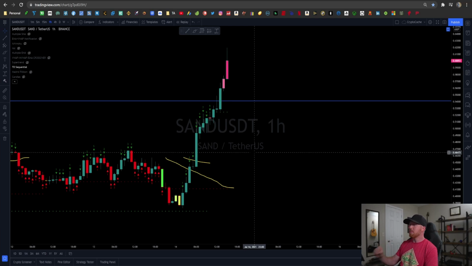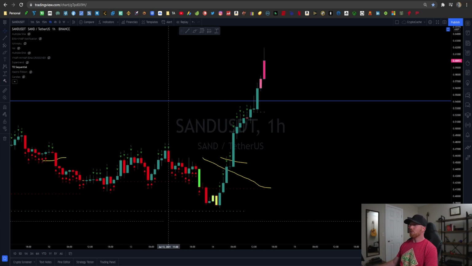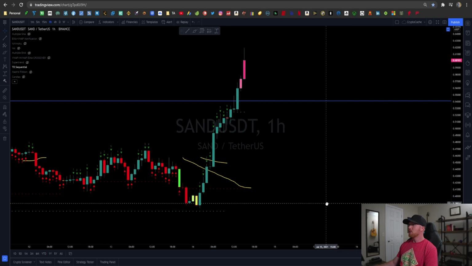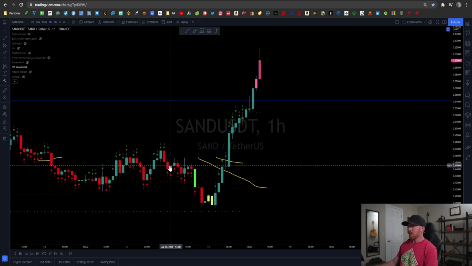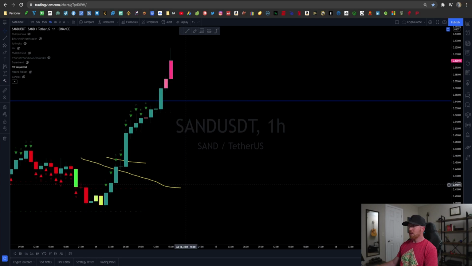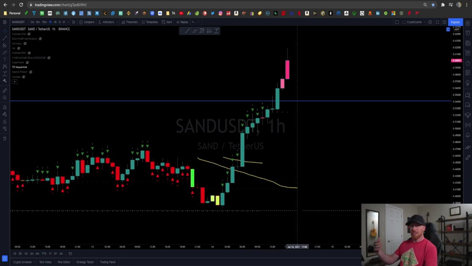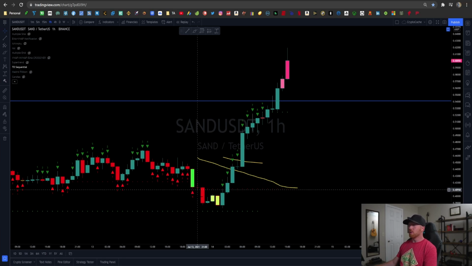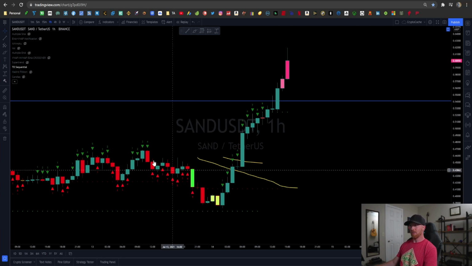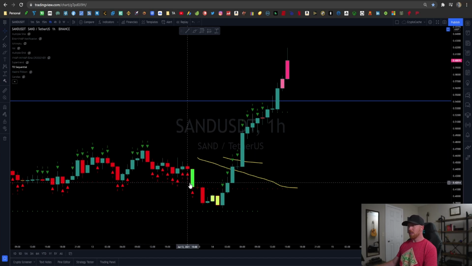Because the great thing about the TD Sequential is it tells you when there's going to be a reversal. Okay, so we look at this here, just in retrospect. We got this consolidation period, and then it counted down to a 9. So you see how it's highlighted in green? That's how this indicator does it. It tells you that, hey, this is essentially a sign of a reversal. So we had 9 hours of consistent lower lows, or the price is lower in this case.